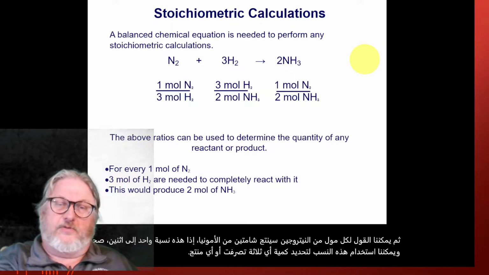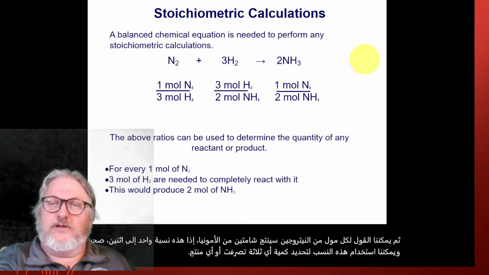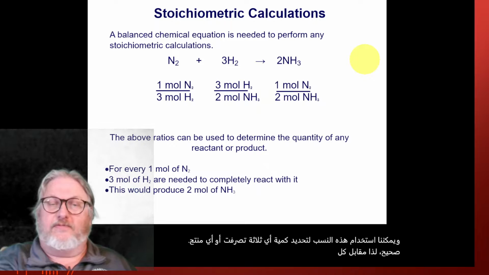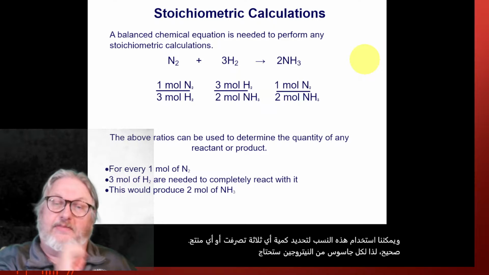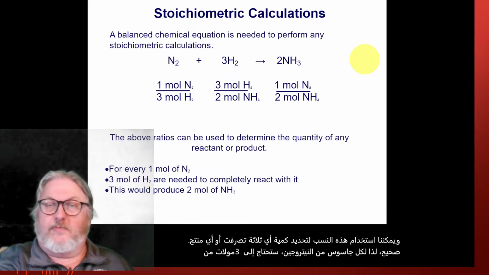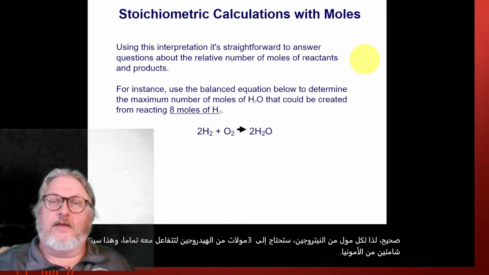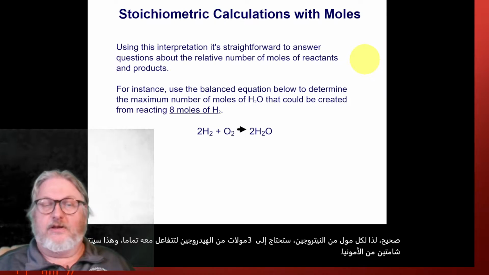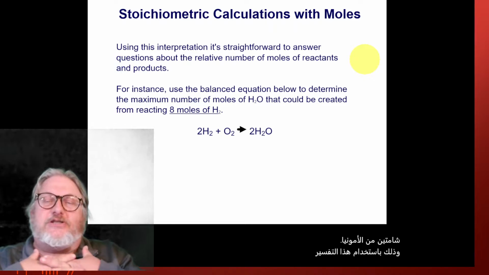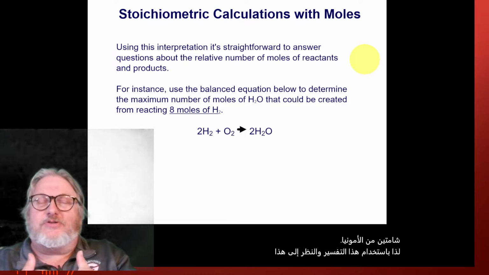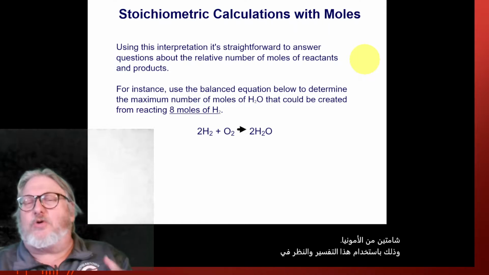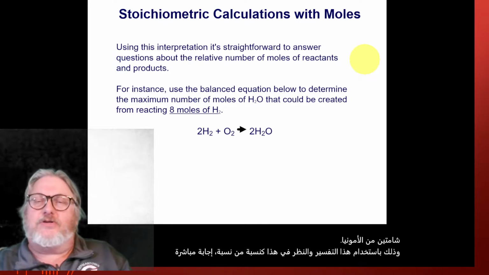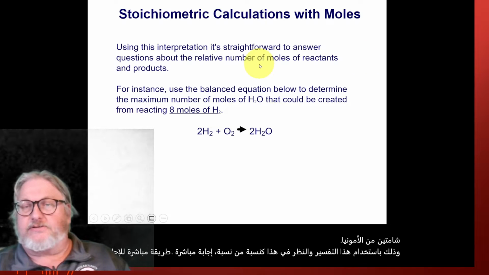All right? And we can use these ratios to determine the quantity of any reactant or any product. So for every 1 mole of nitrogen, you're going to need 3 moles of hydrogen to completely react with it. And that's going to produce 2 moles of ammonia. So, by using this interpretation and looking at this as a ratio of proportion, it's a straightforward way to answer questions about the numbers of moles of reactants and products.